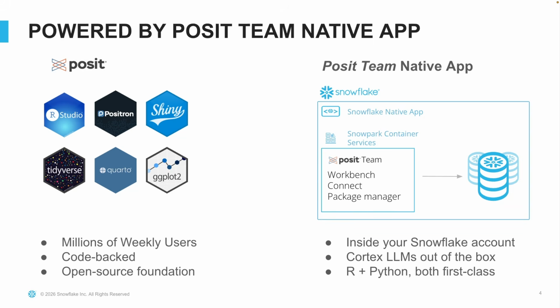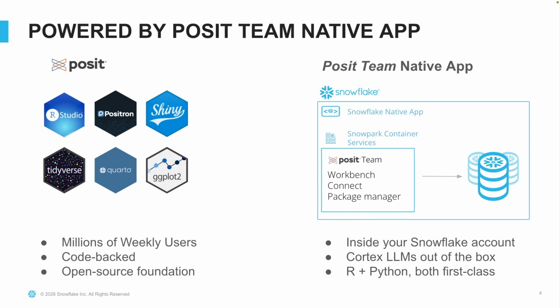On the right, you see Posit Team Native App. This is our enterprise data science platform running natively on Snowpark Container Services. So fully managed, from a data scientist exploring a table to a VP making a decision, explore to consume, all inside your Snowflake account, your perimeter, your RBAC inherited, and Cortex LLMs that just work out of the box.